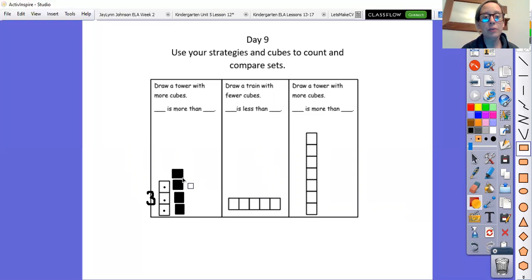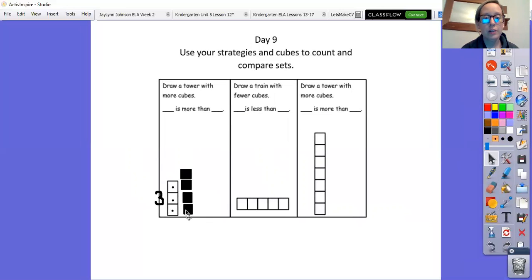Okay, I'm going to move them around a little bit. Okay, so here we go. This is matching that one. Stack them up. It's not matching exactly, but you'll kind of get the gist. Okay, so there we go. I made my tower, okay?